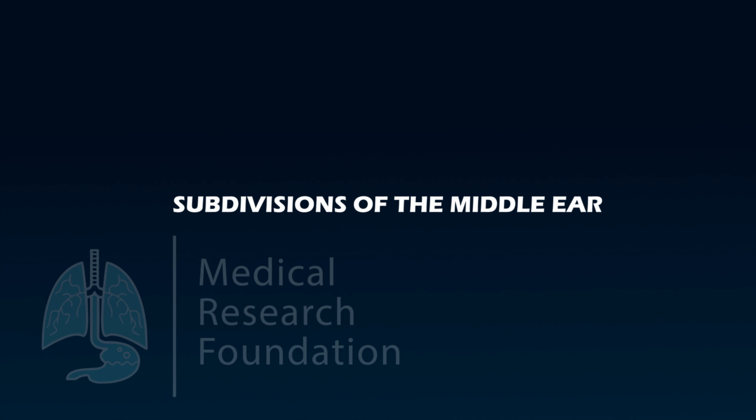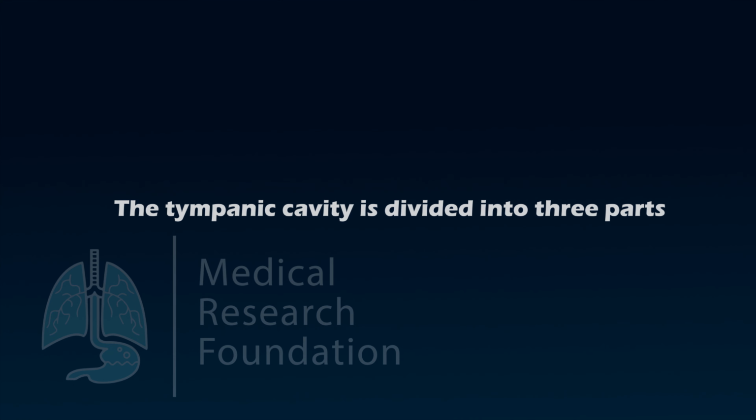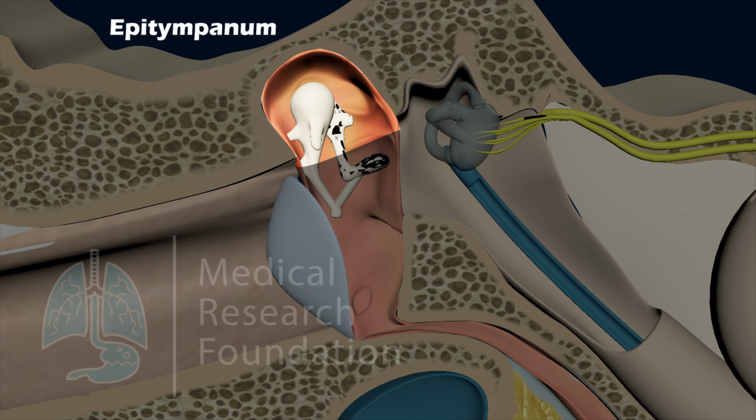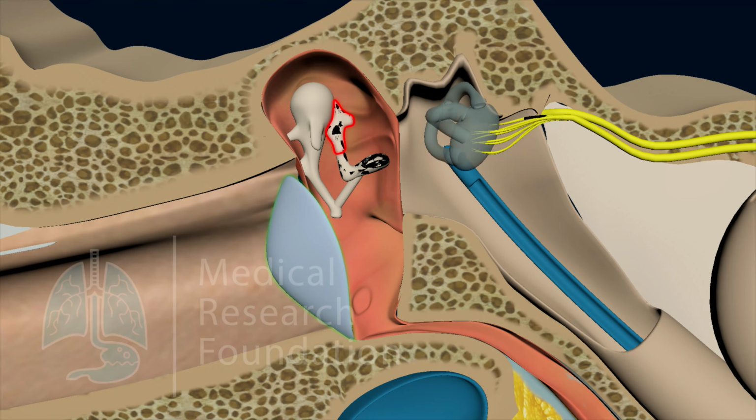Subdivisions of the middle ear. The tympanic cavity is divided into 3 parts. Epitympanum, attic, a part above the tympanic membrane containing the head of the Malleus, body, and short process of the Incus.